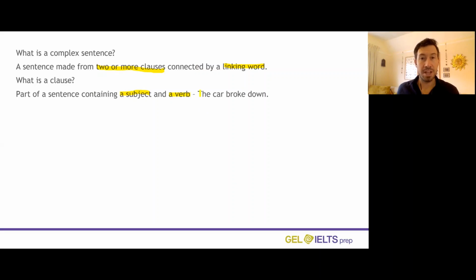For example, here we can see the car is the subject and broke down is the verb. Now, this is a sentence because it ends with a stop, but it's a sentence which contains one clause, one subject, and one verb. If there's two subjects, two verbs, that means there's two clauses. Let's see some examples in a minute.